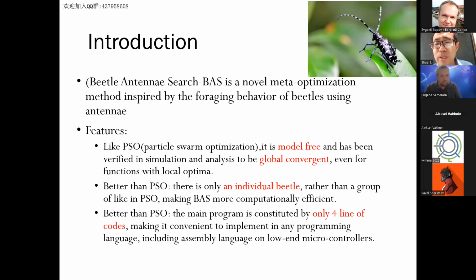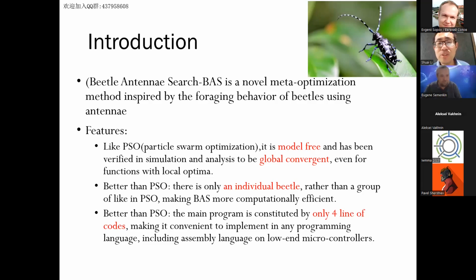And the beetle is optimizing the smell function by trying to find the maximum, and especially the global maximum, of this smell function in the space, because there is a pre-assumption that the maximum smell point must be the location of the food.